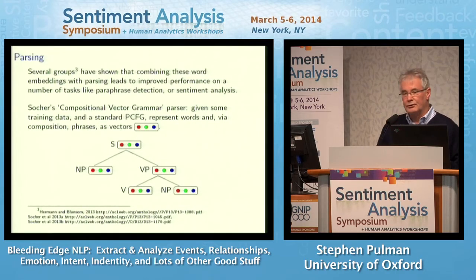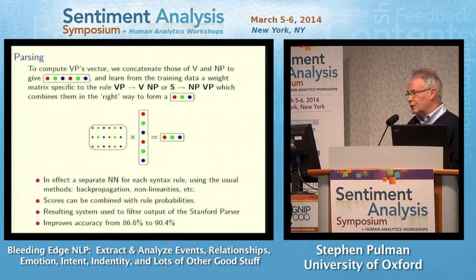So we want to combine a verb vector with a noun vector to get a verb phrase vector, and so on and so forth. And the way that we do that is, again, very similar to what I was talking about yesterday, although not exactly the same. Given a binary phrase, we concatenate the vectors of the 2 daughter units to give you a long vector, and we learn a weight matrix that will take that.